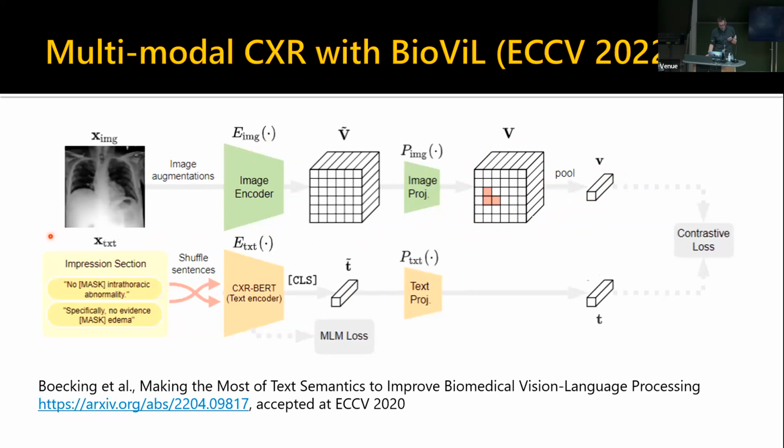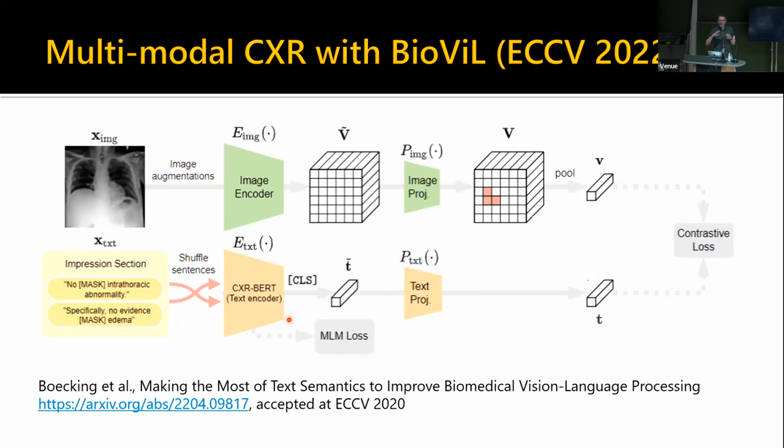There is a lot more happening here on the text side. So on the text side, we've had to build pretty much a customized model that understands the language for radiological reports. First of all, because of the hugely different vocabulary. So this CXR BERT model, as we've called it, understands words like cardiomegaly that a normal language model would just split up into subtokens, and then it's not really helpful anymore.